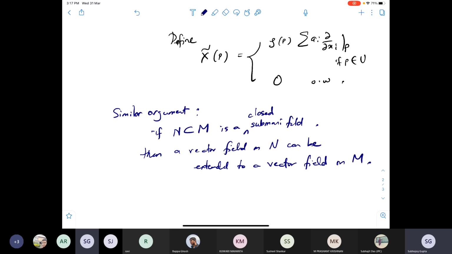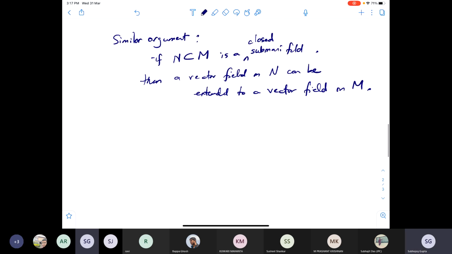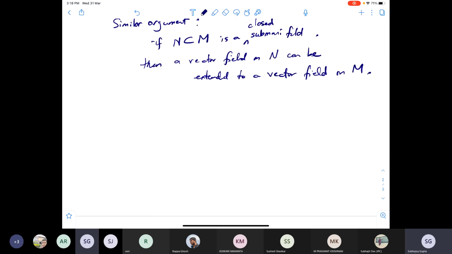Maybe I'll consider putting it as an exercise in the next homework. So this first remark ensures there are lots of vector fields, and you can extend things from nice enough subsets like a point or closed submanifolds to the whole manifold.